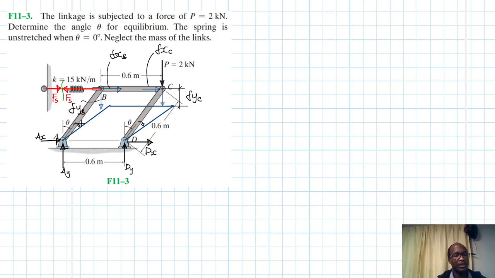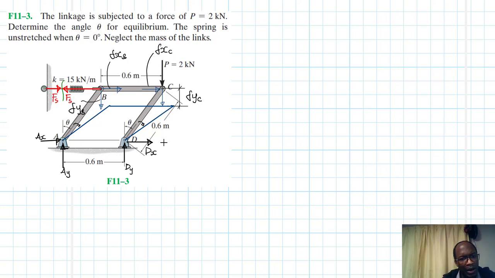Okay, call it del theta a, the other one del theta d. Okay, all right, but we don't have any moment there, so we don't expect any virtual work. So we only have virtual work where we have a force and a displacement and they are supposed to be collinear. Okay, that's when we have a virtual work.